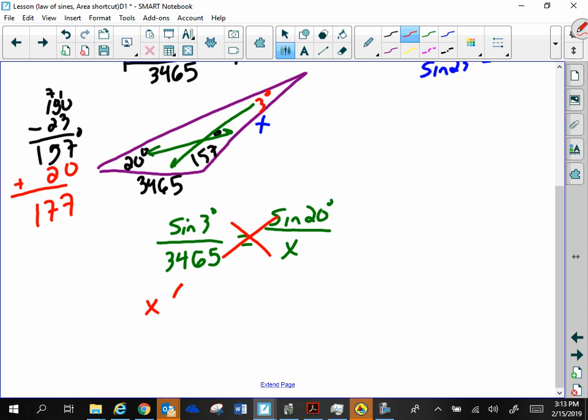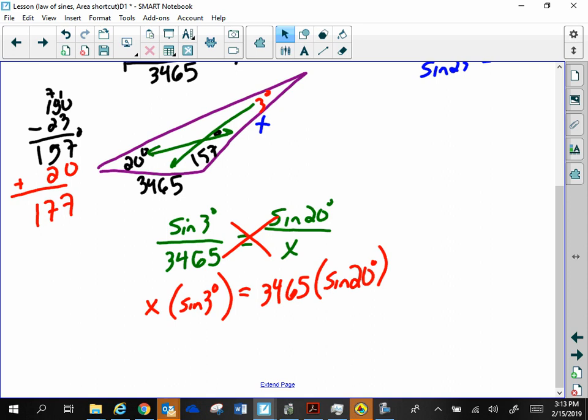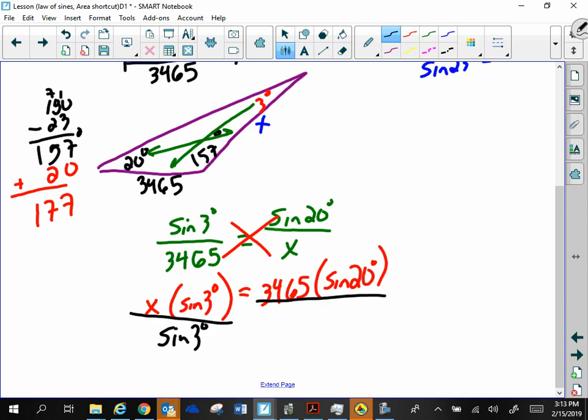Cross multiplying, I get x times the sine of 3 degrees equals 3,465 times the sine of 20 degrees. I can divide by the sine of 3, and that cancels out.